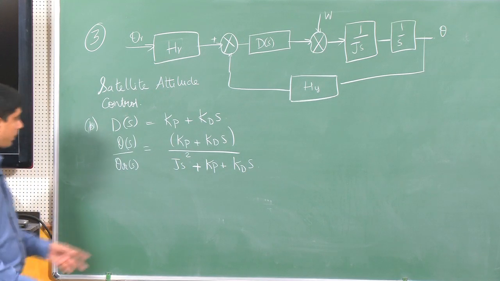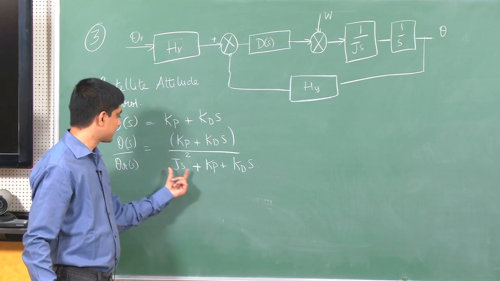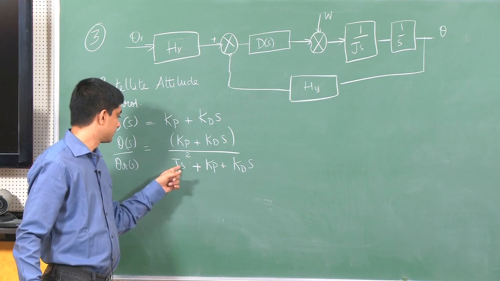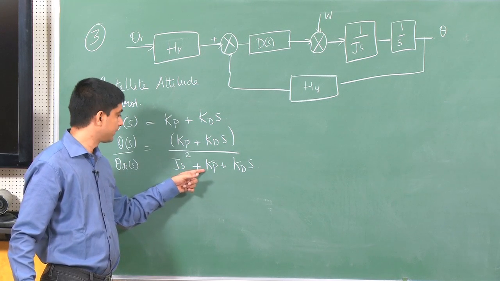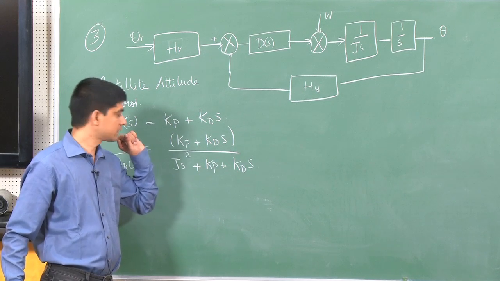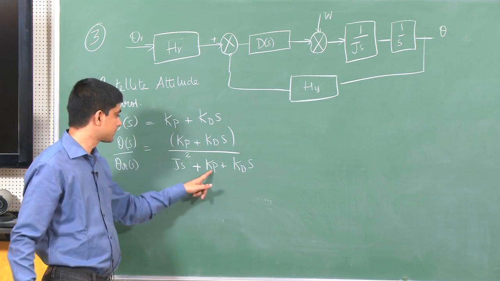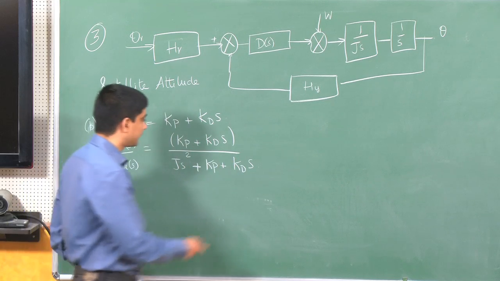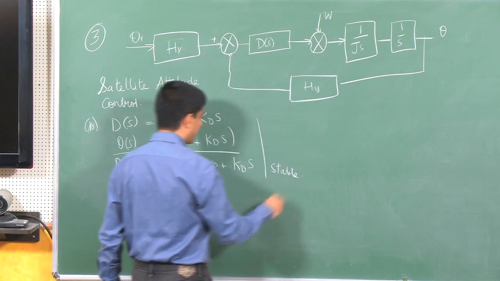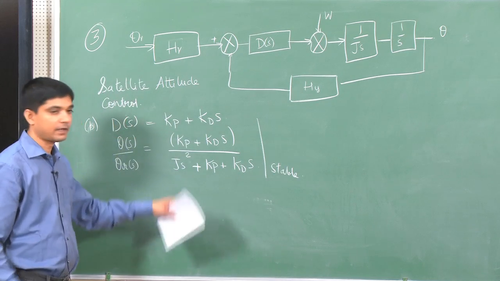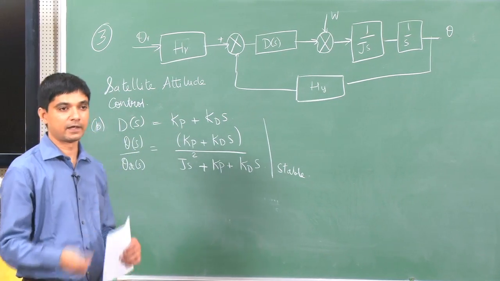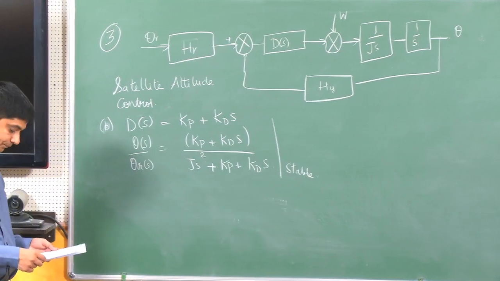Okay. Now, you look at it. So, earlier we just had roots which were imaginary. So, we just had this term Js square plus Kp. Now, I have this additional term Kd which introduces damping to the system, and this is second order system with all constants being greater than 0. I know that this system is actually stable now, and by appropriate choice of Kd and Kp I can play around with the peak overshoot or the settling time, the rise time and so on.